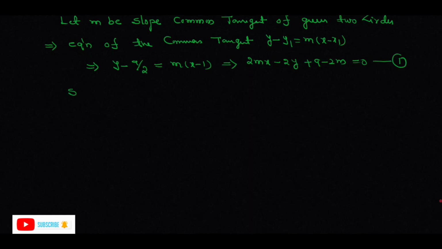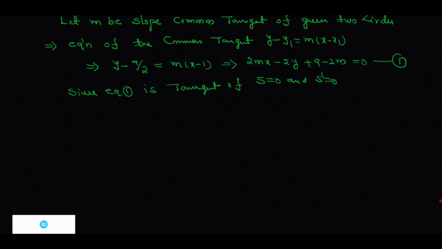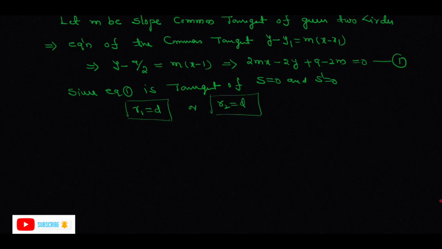Since equation number 1 is a tangent of either S equal to 0 or S dash equal to 0, in both cases we have two conditions: R1 equal to d or R2 equal to d, where d is the perpendicular distance from the center to the tangent, equation number 1.